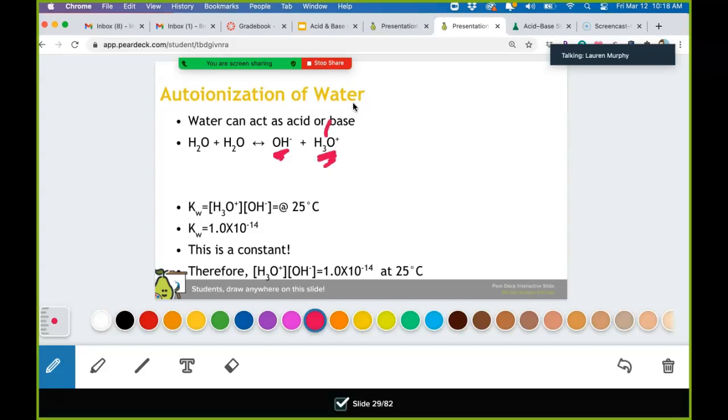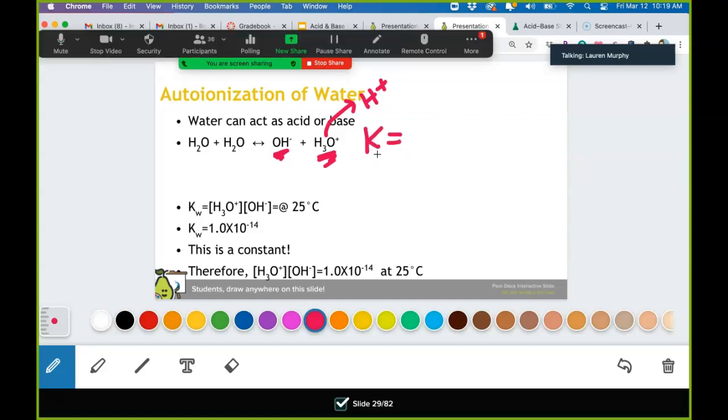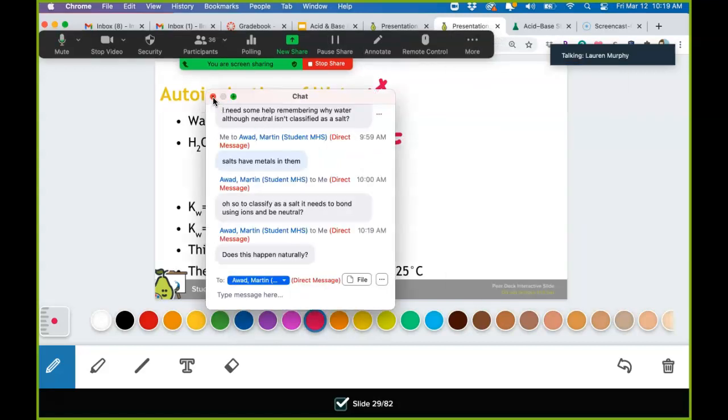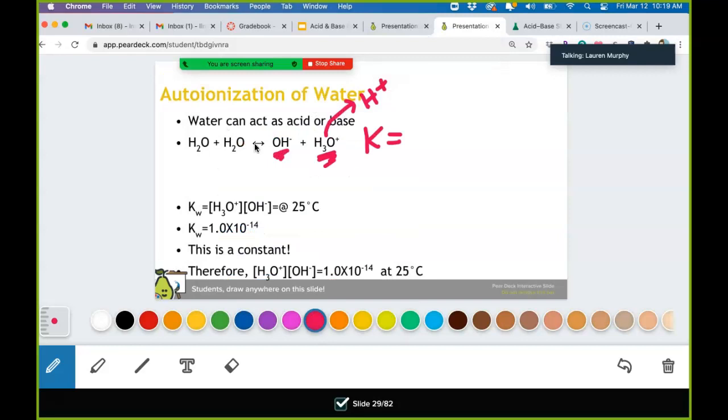Now don't forget that this can also be called H+. Okay? They're interchangeable. So if I were to write an equilibrium expression based on this, I would write K equals products over reactants raised to their respective coefficients. Yes, this happens naturally.